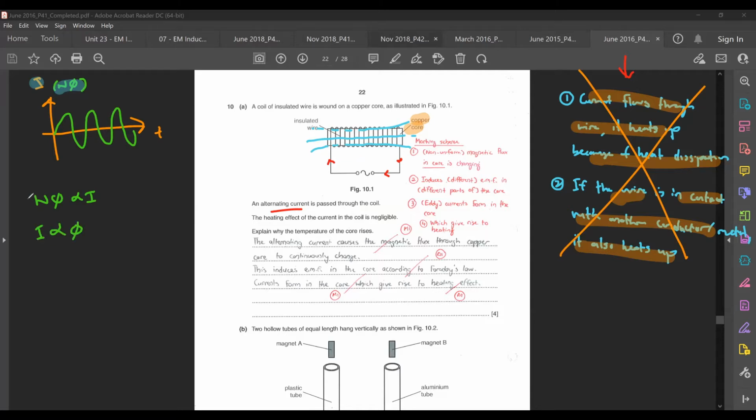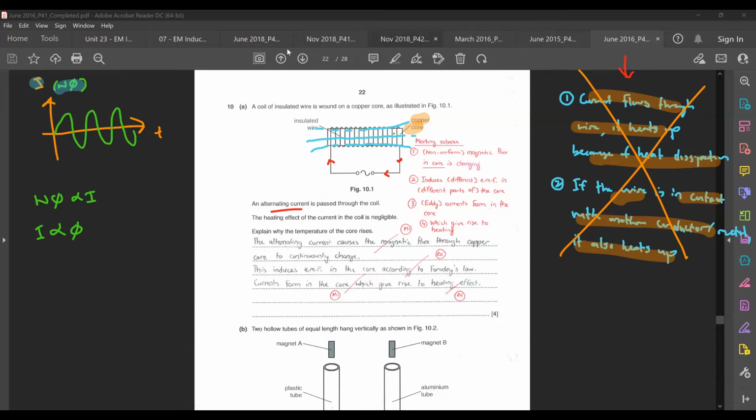So when my current changes, my flux through my copper core will also change. Because the copper core experiences a change in flux, my copper core would start to have induced EMF. So when I have induced EMF, I'm going to have induced current. So the current flowing inside my copper core will actually cause the heating effect. That's why the temperature of the core rises.